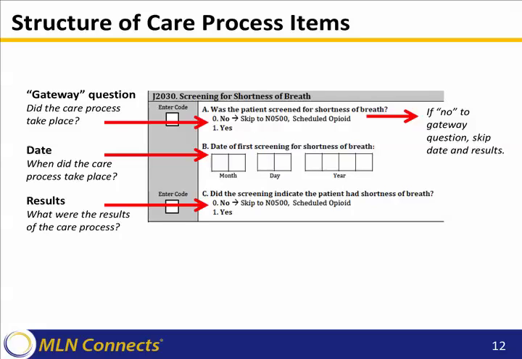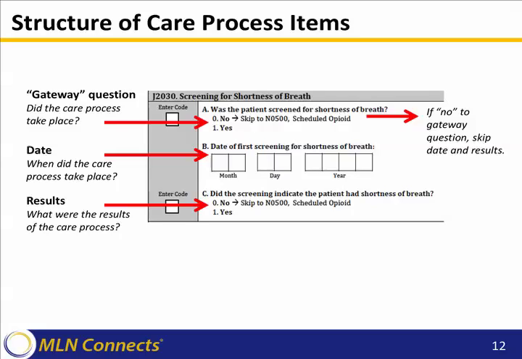For the item presented on this slide, the gateway question asks, was the patient screened for shortness of breath? The HIS data collector would answer the gateway question in Part A during the assessment process or retrospectively using clinical record documentation.